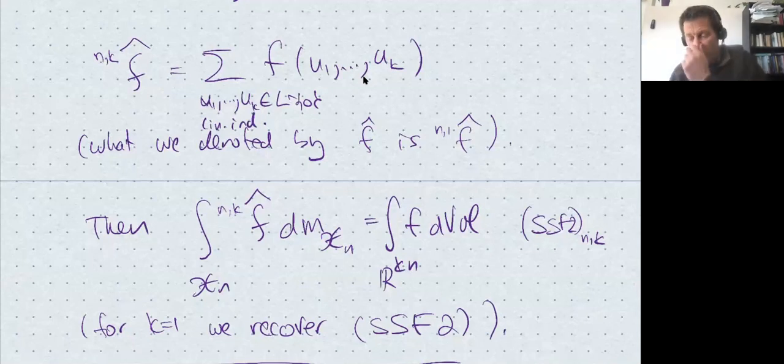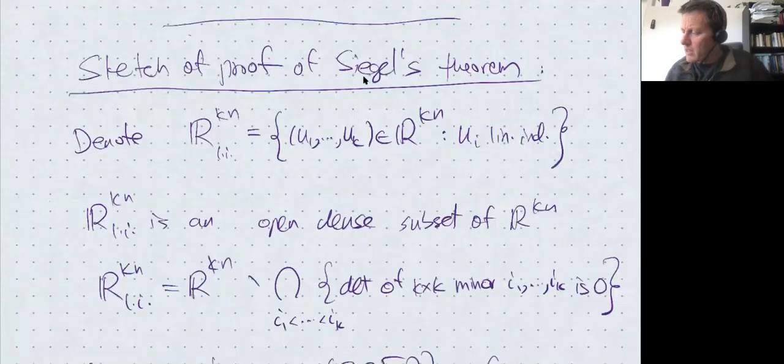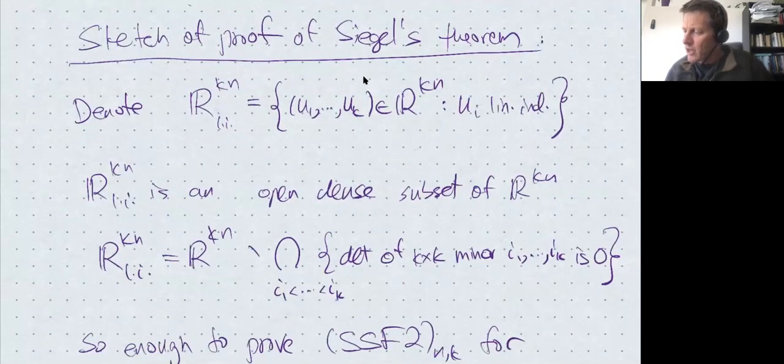Let's think about the proof for a moment. Maybe as we go along, we can find the mistake, and maybe we can't. We'll see. So we define the transform in this way, and we first start with functions which are compactly supported, and their support lies in the set of linearly independent k-tuples.